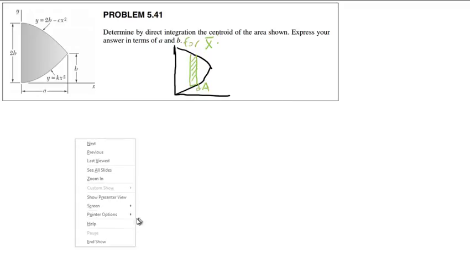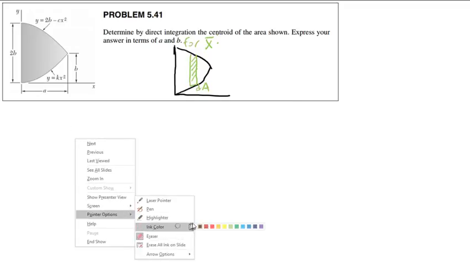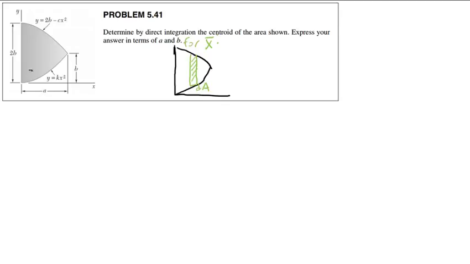I would perhaps like to get these equations in terms of a and b at the start. So let's see. How about y equals kx squared? I know that this thing has a coordinate of a comma b.